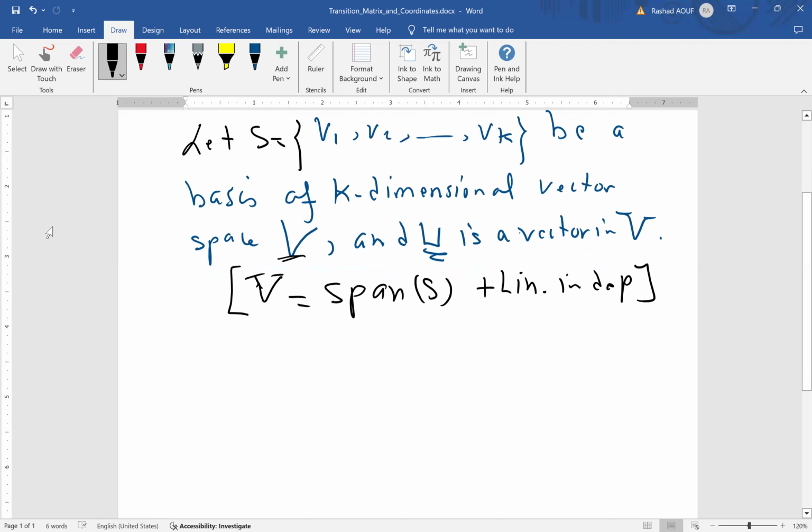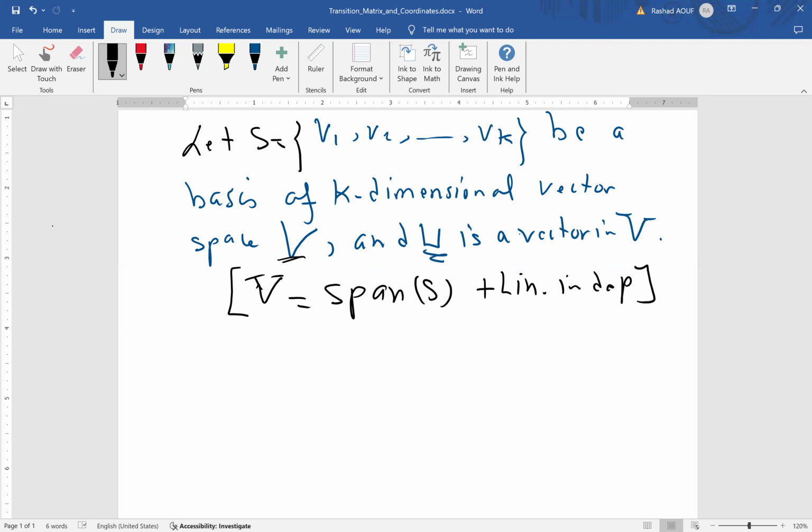Since U is a vector in V, U should be a linear combination of V1, V2, and so on.